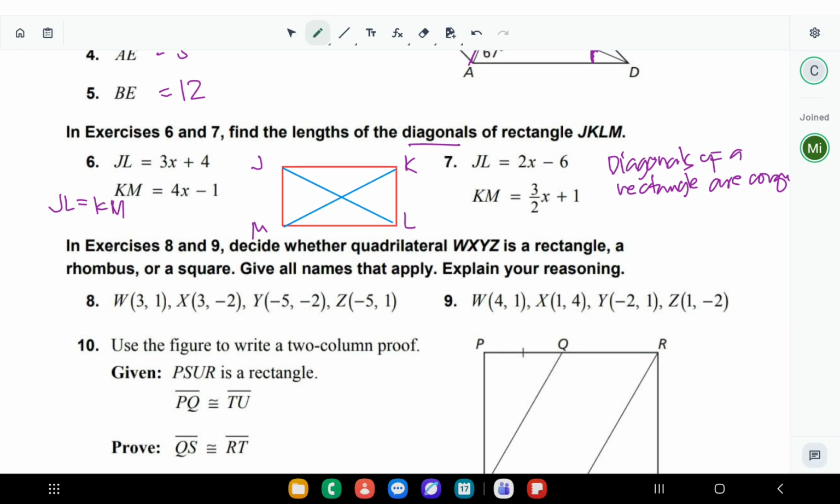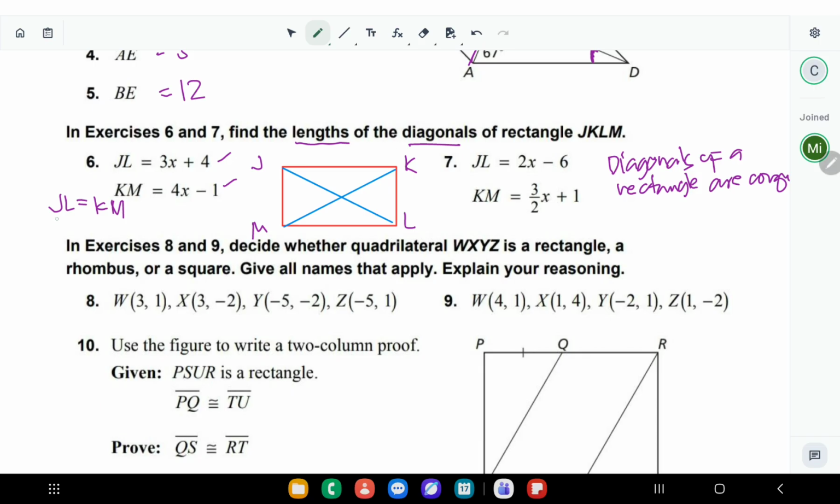It doesn't matter because we are not asked for that one. We're only asked for the lengths. Find the lengths of the diagonals of a rectangle. The diagonals of a rectangle are congruent or equal, and we're given the diagonals JL and KM. So we can just equate them. They're equal. Then we can solve for x. Once we solve for x, then we can solve for JL and KM.